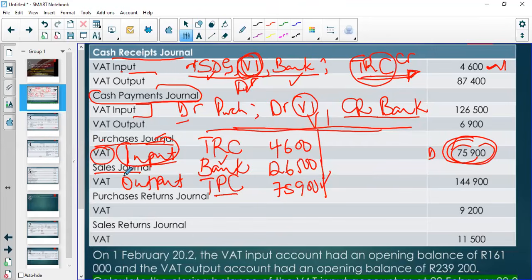Then we look for another VAT input, and the other VAT input is going to be here in the purchases returns journal. So the purchases returns journal is a reversal. We originally recorded the VAT input, but we are now reversing that. So this will also be under trade payables control, but it's on the credit side because we are reversing this 9,200.